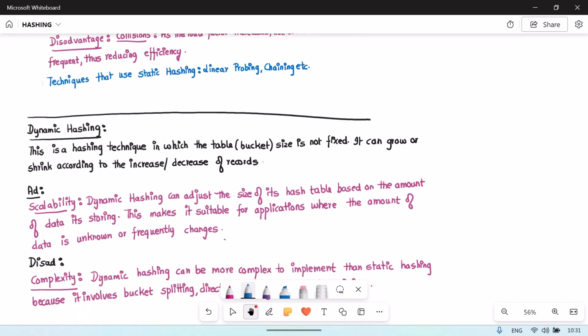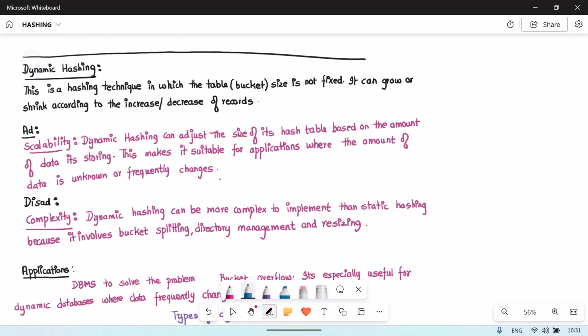Now let us look at the next one, that is dynamic hashing. It is exactly the opposite of static hashing. In static hashing, the size of the hash table remains constant, whereas in dynamic hashing, according to your need, you can shrink or increase the size of the hash table.